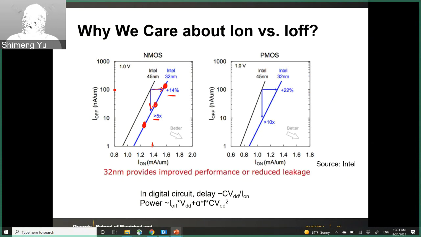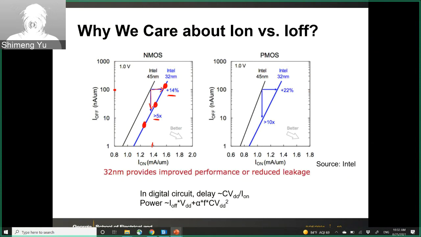Larger I-on also means larger I-off, but probably exponentially larger I-off, because here you see the relationship. You change I-on by a little bit, from 1.2 to 1.6, like 20 to 30%, then the off current will change by 10 times, like 10 to 100. This is because off current is on a log scale, and any change will be amplified in the log scale.